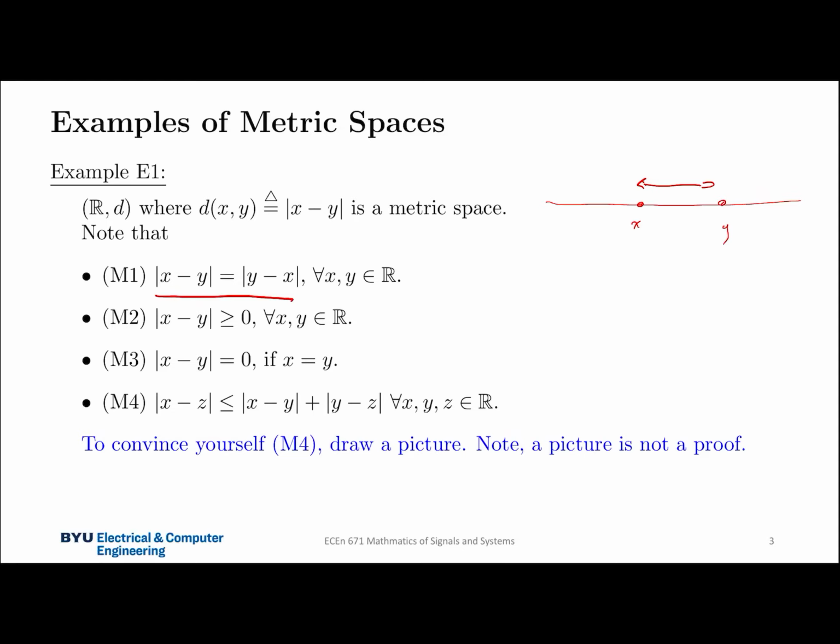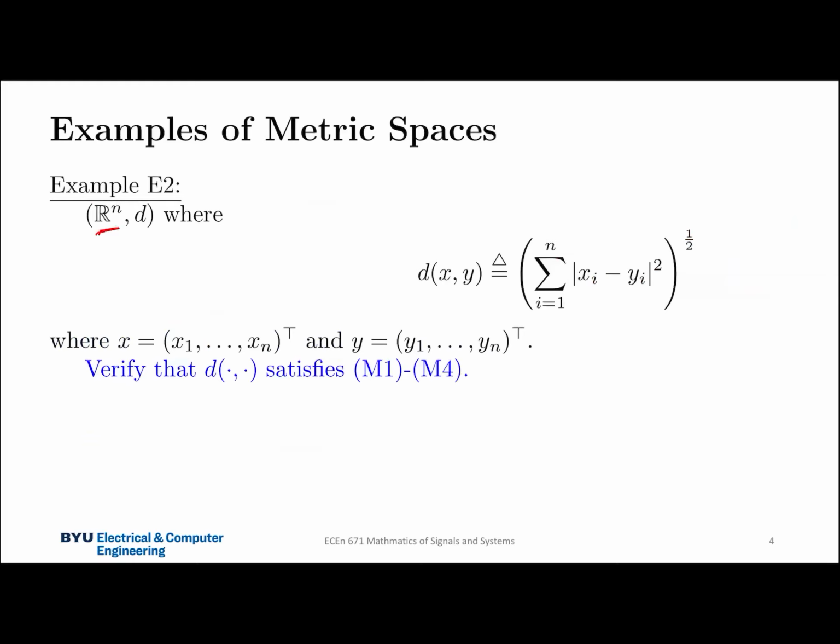And if the picture looks like this, then the distance between x and z is going to be less than or equal to this distance plus that distance, obviously. So the set of real numbers plus the absolute value as a metric is a metric space. Another example of a metric space is Rn and then the mean squared error.